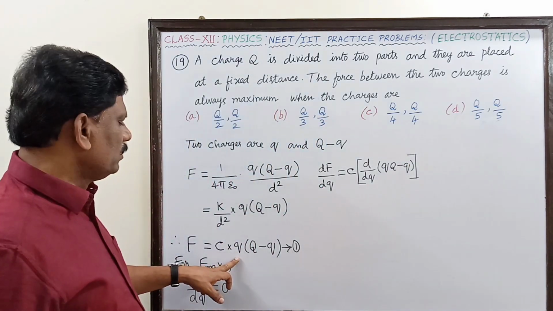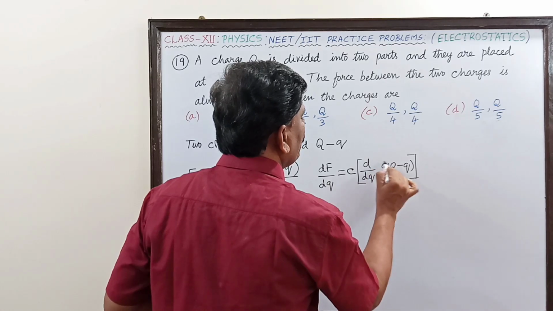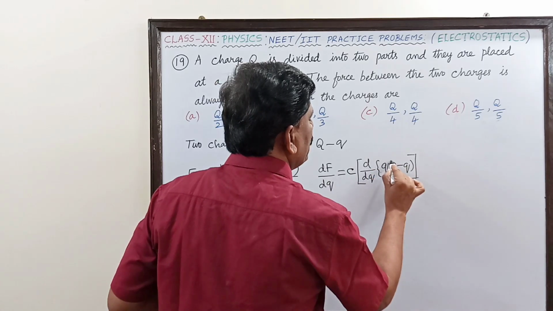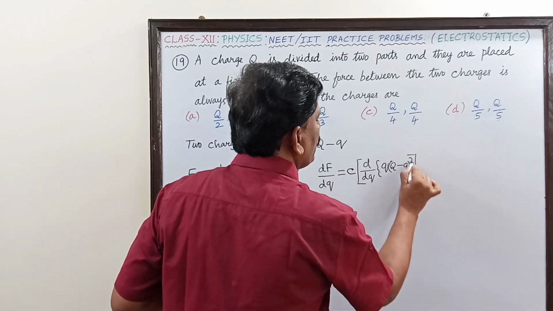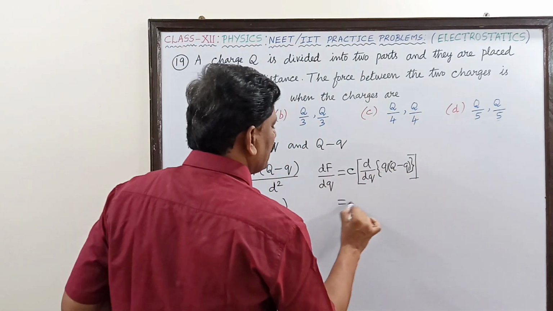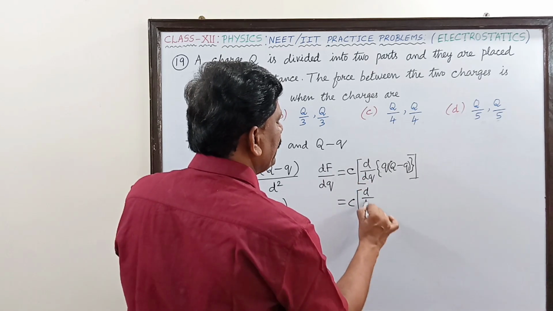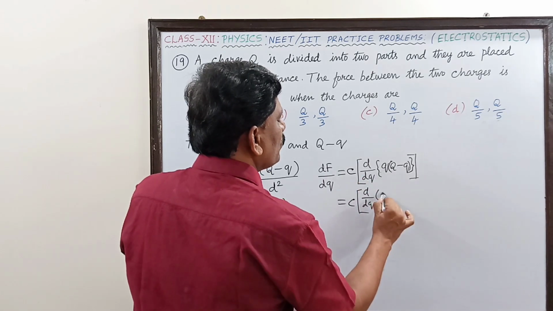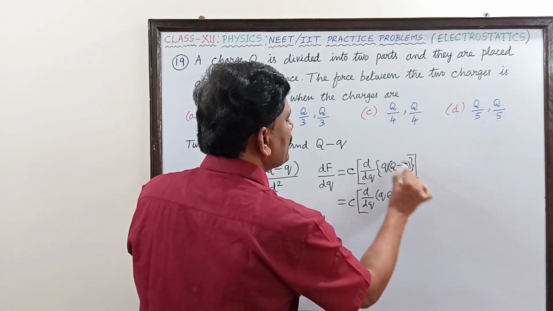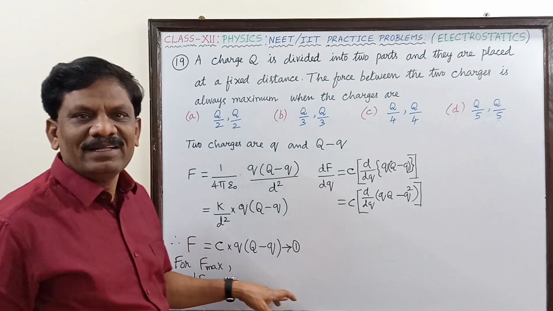Once again this is equal to constant C into d by dq of small q capital Q minus q square, like this also I can write.